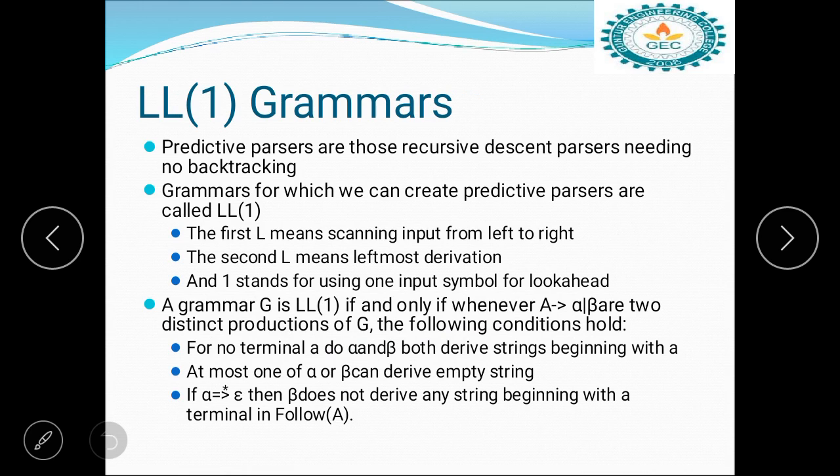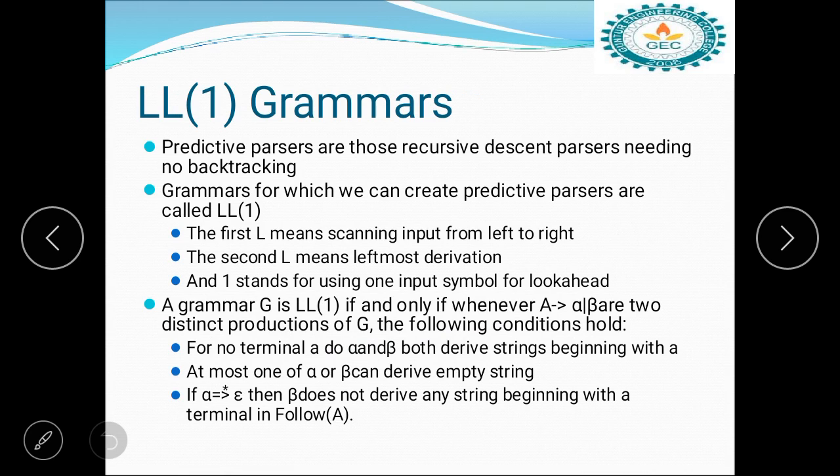For no nonterminal A do alpha and beta both derive strings beginning with a. At most one of alpha or beta can derive the empty string. If A tends to epsilon, then beta does not derive any string beginning with a terminal in follow of A.